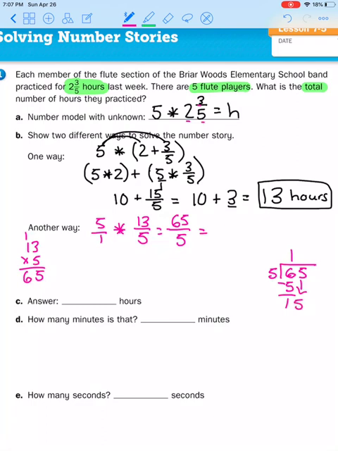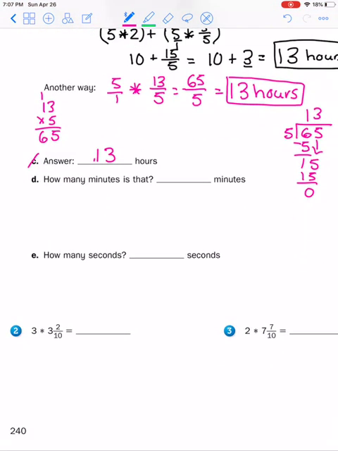Now I'm going to bring down that 5. 5 times what would give me 15? And I know it's 3, and I'm left with no remainder. So the answer is 13 hours. And don't forget to put the answer down here for C. So now I answered A, I answered B, I showed 2 different ways, I answered C.